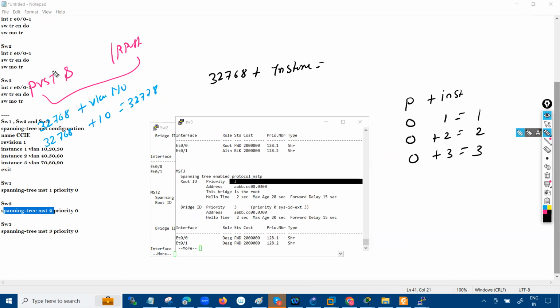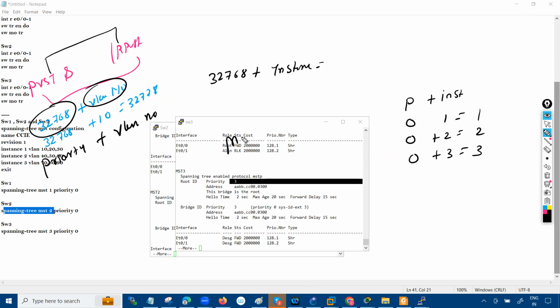So in the PVST or RPVST protocol, we are adding the priority plus VLAN number. But in the MST case, we are adding the priority plus instance number.